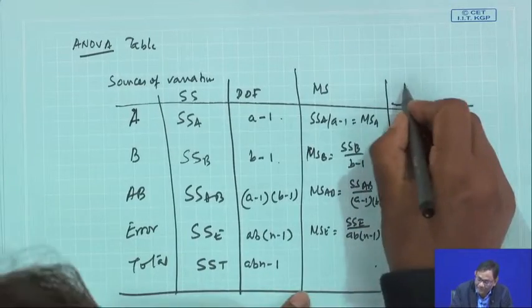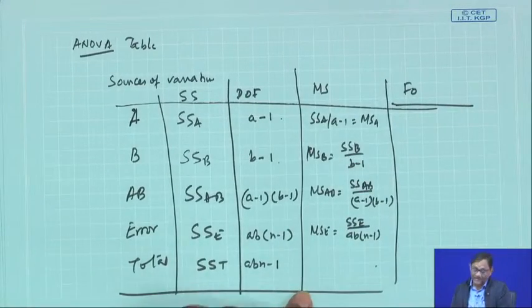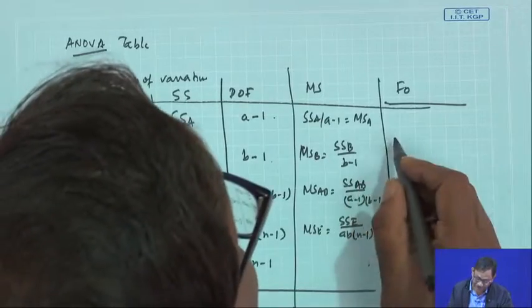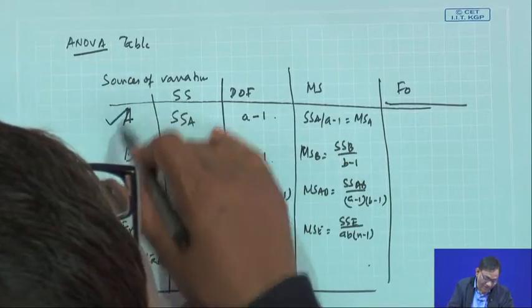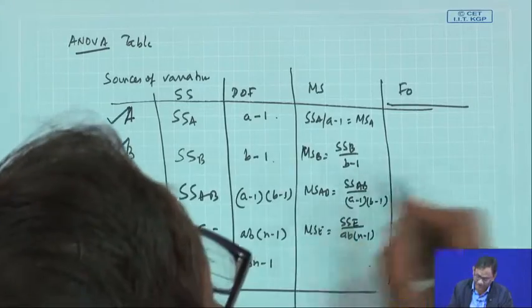Then you find out F0. Here please understand we have three hypotheses: the null hypothesis related to A, related to B, and related to AB.